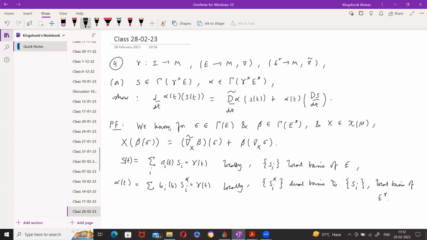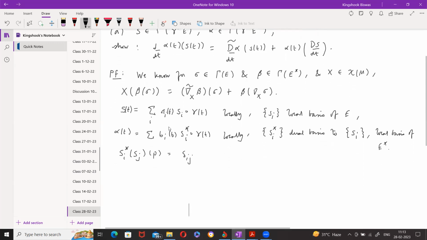Yes, sir. Okay. Now what do I know about the local basis and the dual basis? I know the following. I know that S_i star of S_j, right? This is a function. The value of this at any point p is a constant, delta ij, independent of p, right? Okay.